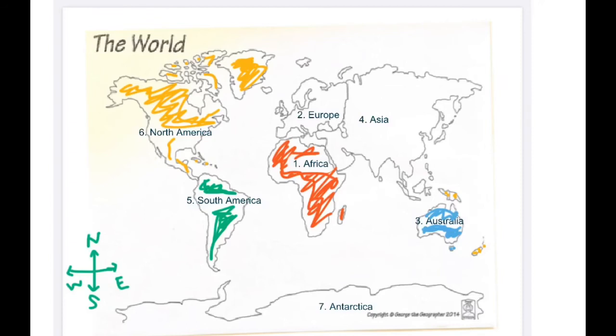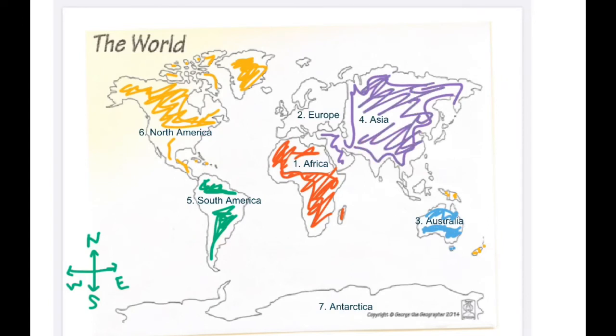Okay, next let's do purple for Asia. Asia is a very large continent. So we're going to get all of this. I'm going to outline it first for myself. So this is all of Asia. Okay, so that big old section.